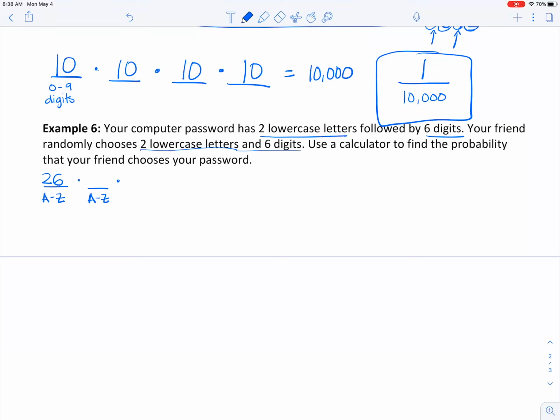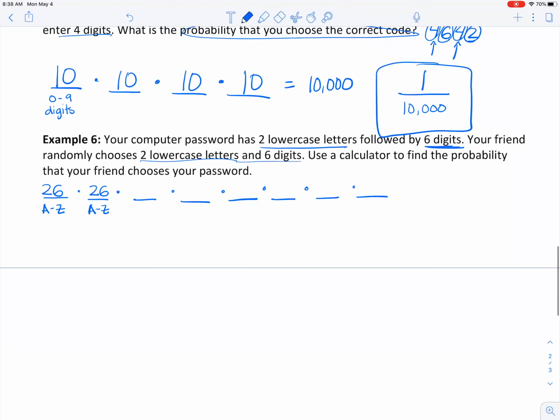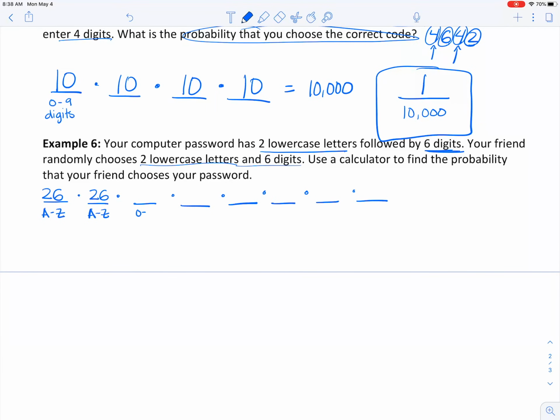It doesn't say that if I use the letter A for the first one, I can't use it for the second one. So there are 26 for the first one, 26 for the second one. Then it says it uses 6 digits after that. So we have 1, 2, 3, 4, 5, 6.